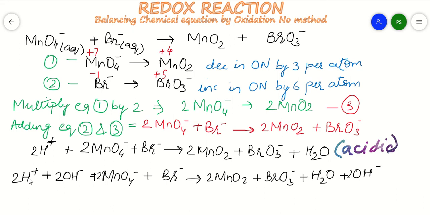Now if you see carefully, children, these 2 hydrogen and 2 hydroxyl ions will make 2 water molecules.